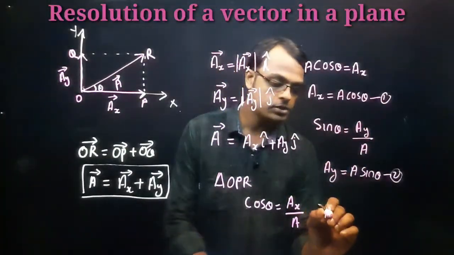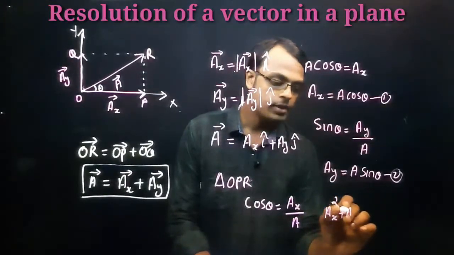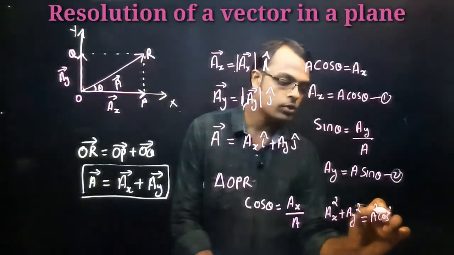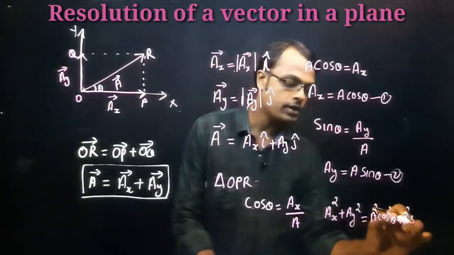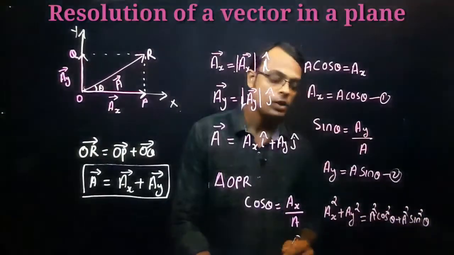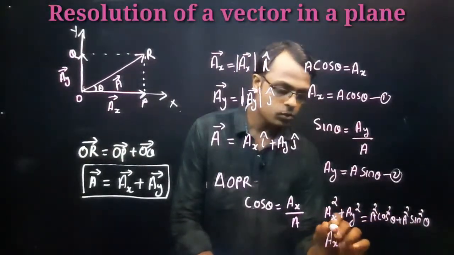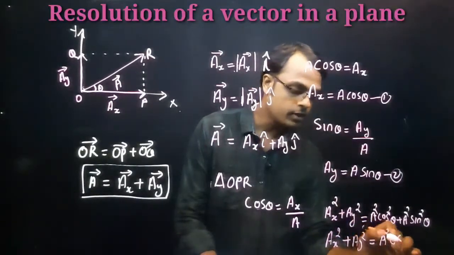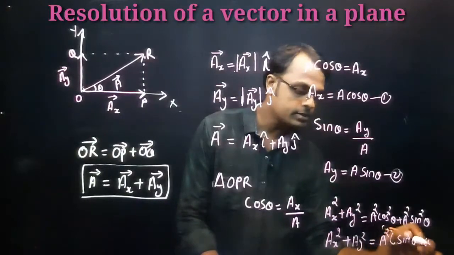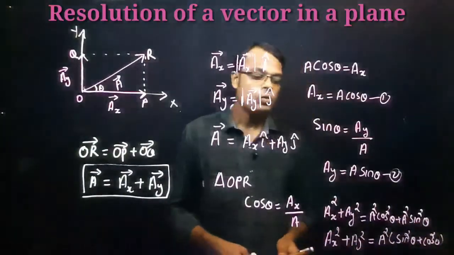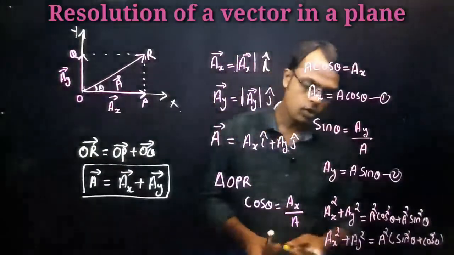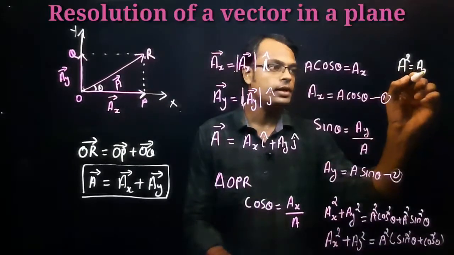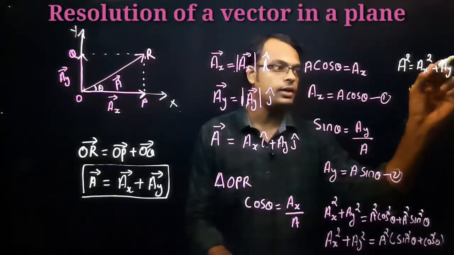We can write A_X square plus A_Y square is equal to A square cos square theta plus A square sin square theta. Now A_X square plus A_Y square is equal to A square into sin square theta plus cos square theta. Sin square theta plus cos square theta is equal to 1. So we can write A square is equal to A_X square plus A_Y square.